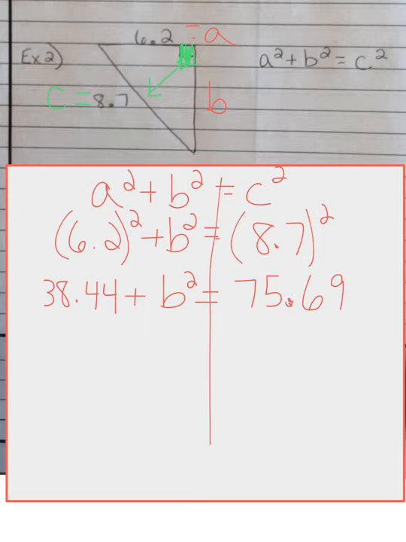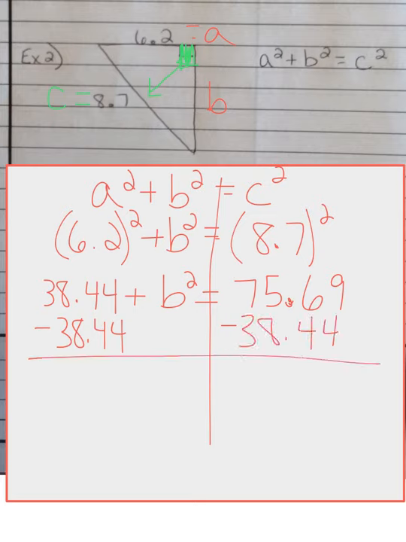And we want b all by itself, so we are going to subtract that 38.44, remember the opposite of a positive 38.44 would be a takeaway 38.44, so that we get B all by itself. And we have B squared equals 37.25.